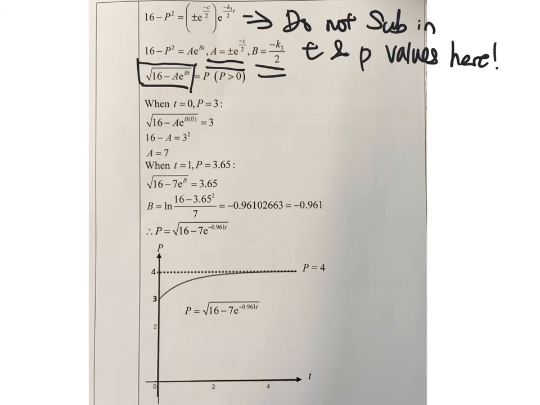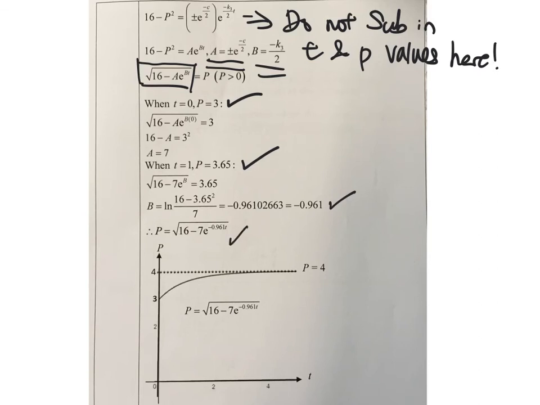You solve for your t equals to 0, p equals to 3, t equals to 1, p equals to 3.65.